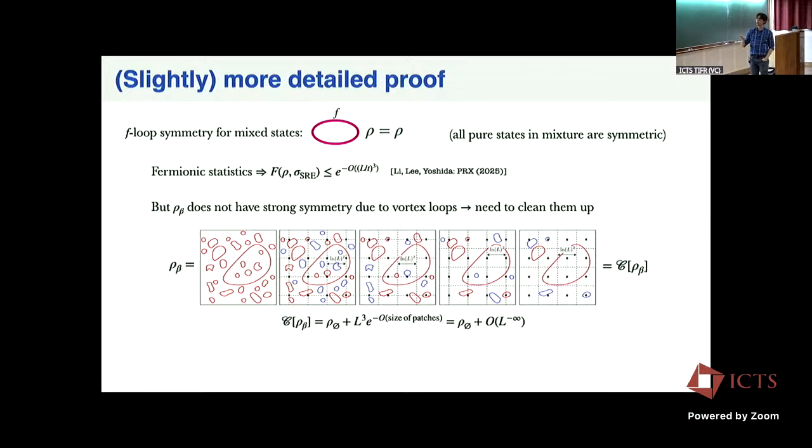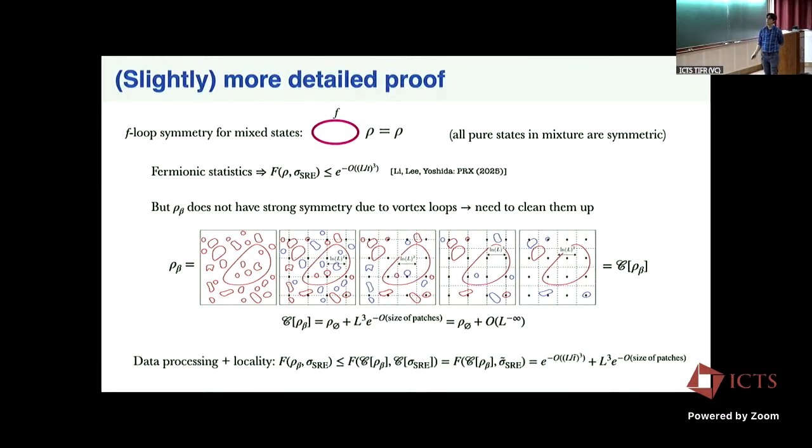In particular, you can make the size of the patches log L squared, that's big enough that you can show that if I apply this operation to my thermal state, I get a state with no loops, up to some error that's exponentially small in the size of the patches. Sorry, I shouldn't say it's exponentially small in the system size, but it decays faster than any polynomial in the system size. Okay, so this is a quantum channel that gets rid of the loops. And importantly, it's a local quantum channel. It only changes things within this log L squared length scale. It doesn't change anything about the state on larger length scales.